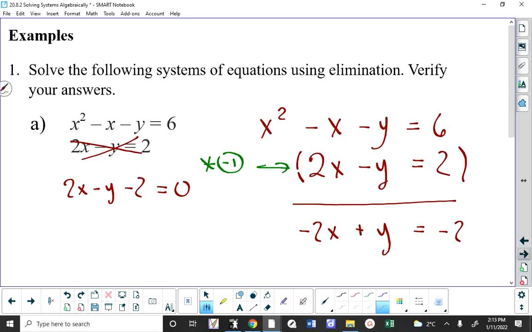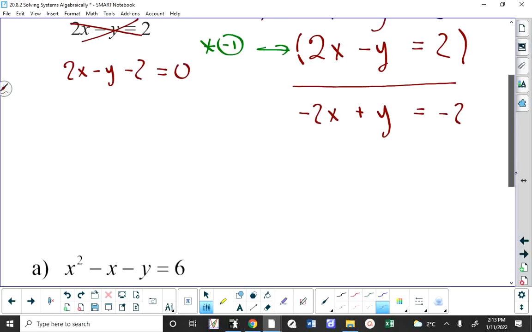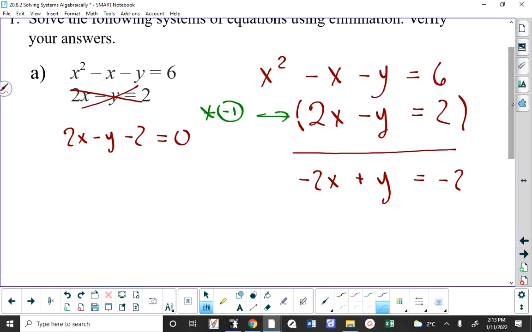So what I've done is I've arranged it so that the bottom equation now has positive y and the other equation has -y. So I'm going to rewrite this other equation as x squared minus x minus y equals 6.